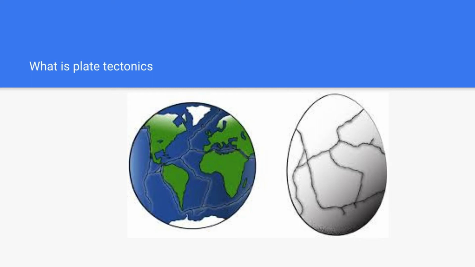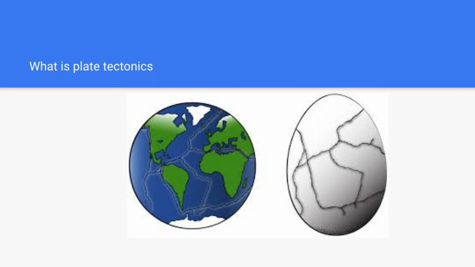So Sydney, why is an egg a good example of the idea of plate tectonics? An egg is a good example of how the Earth's outer layer, called the lithosphere, has cracks in the continent.